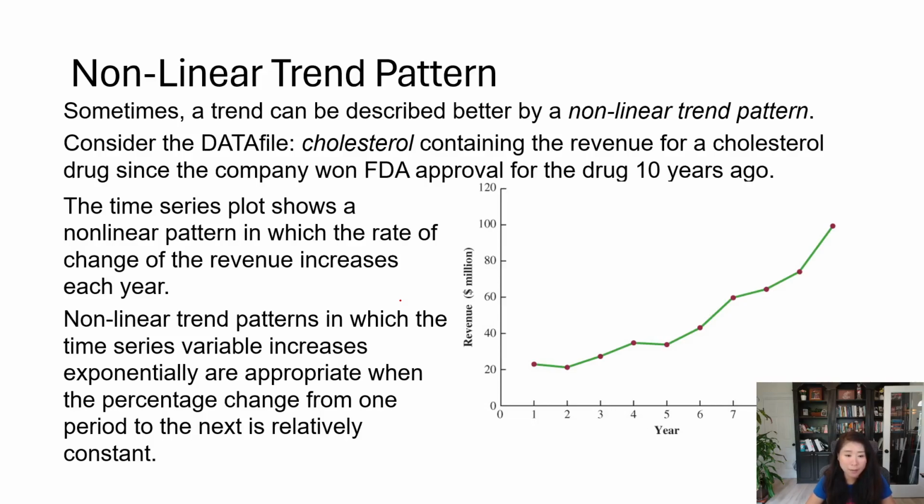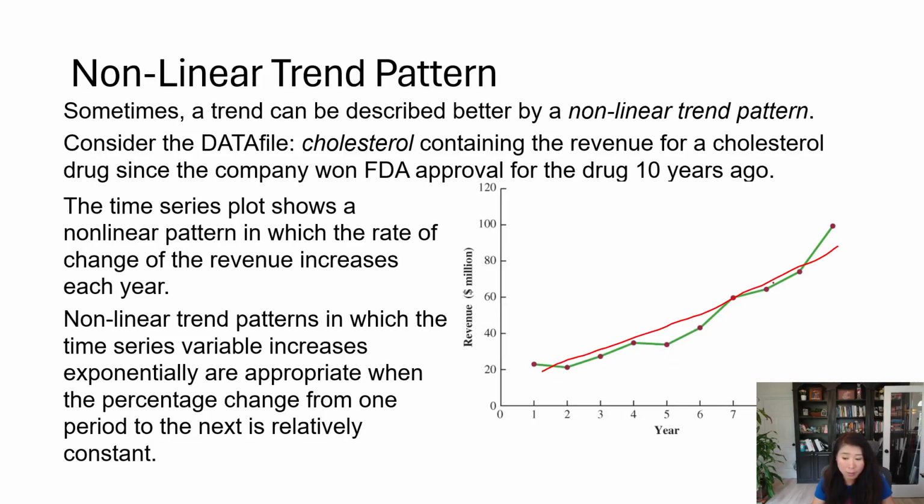As you can see, this is about the revenue of a cholesterol drug, since the company won FDA approval for the drug 10 years ago. For the past 10 years, you definitely can use a straight line, but if you use a straight line, the dots are not evenly distributed around this straight trend.